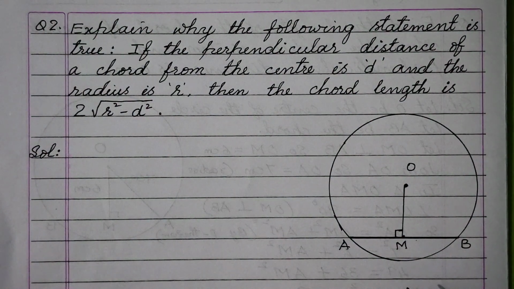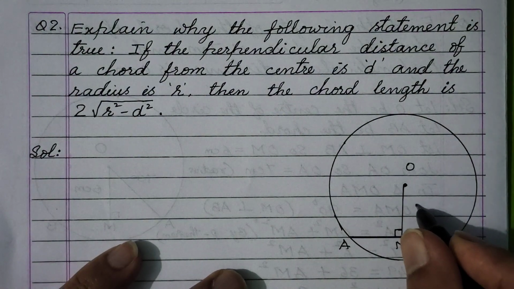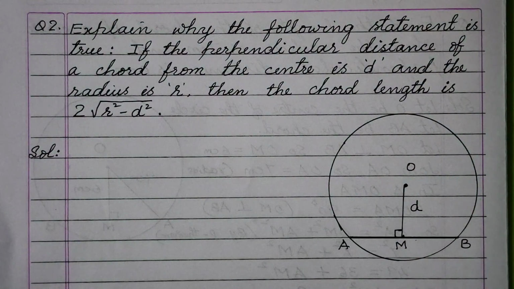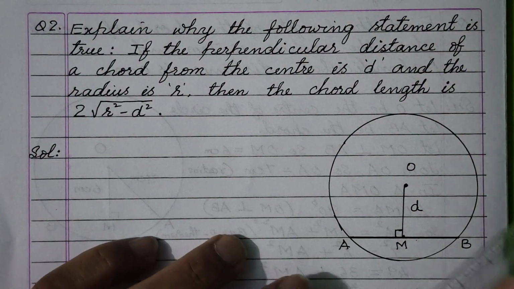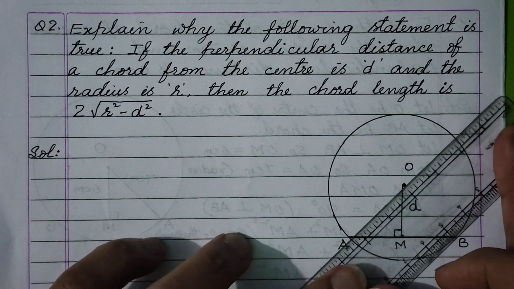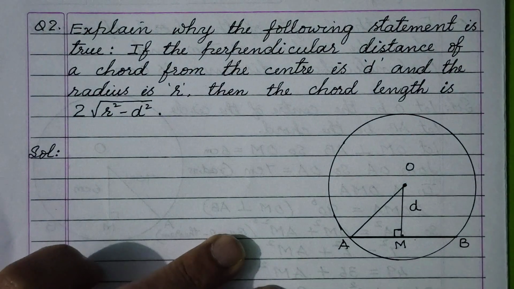They are telling this OM is equal to d. It is d units. And the radius is r. Radius means what? AO. So we'll join AO. This is r.